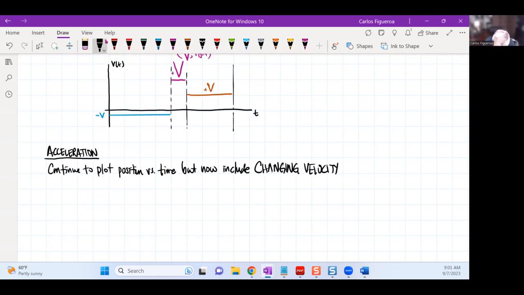And it turns out that the only changing velocity that we're going to look at here is that we're going to focus only on changing speed, constant direction.